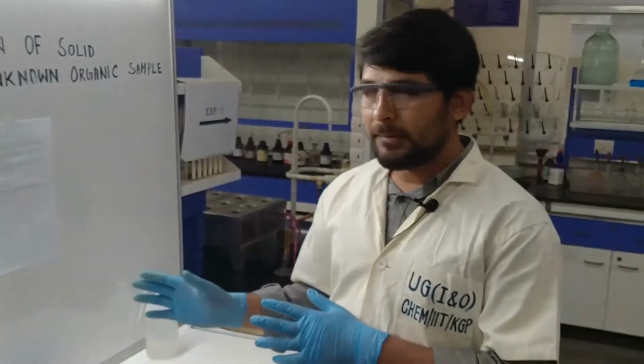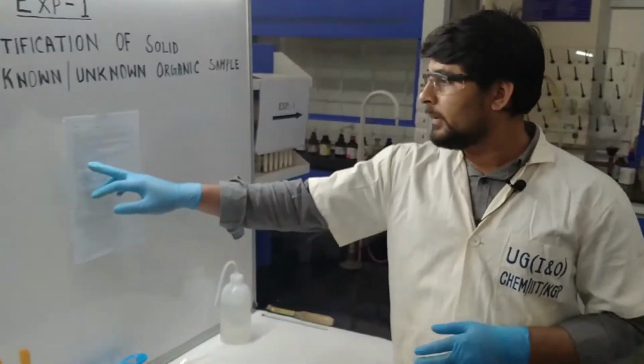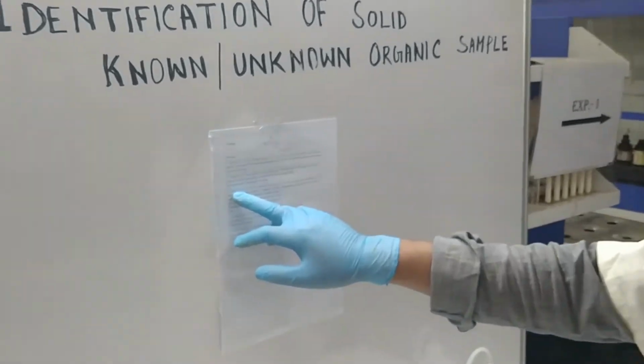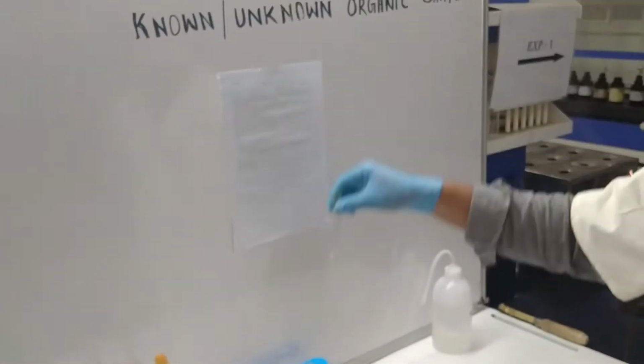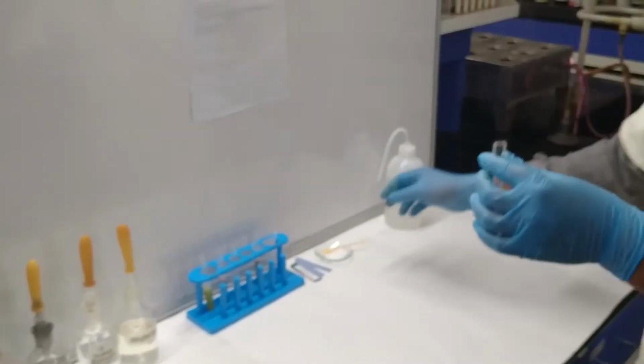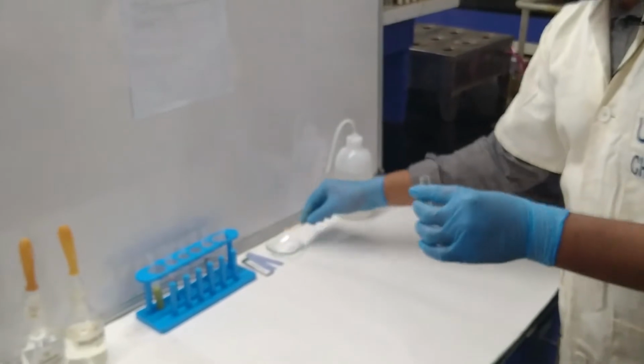Now the coming test is what? The coming test is the Molisch test. Okay, so for Molisch, what do you have to do? First of all, you have to prepare an aqueous solution. So I'm going to prepare the aqueous solution first of all.